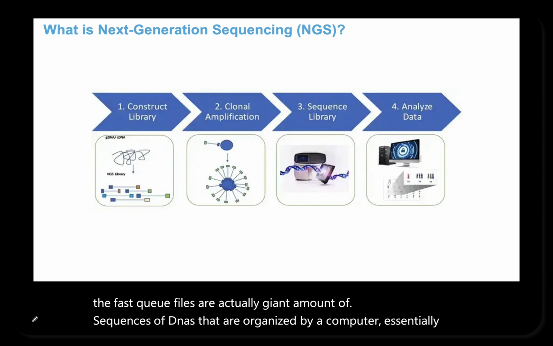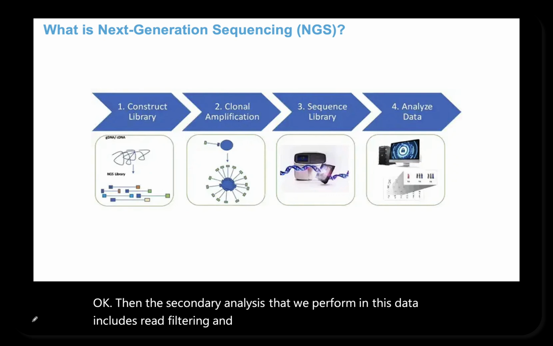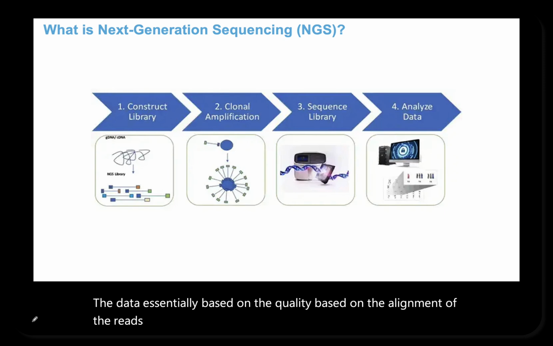Okay, then the secondary analysis that we perform on this data includes read filtering and trimming the data essentially based on the quality, based on the alignment of the reads to a reference genome, or assembly of reads for novel genomes, and many other processes.